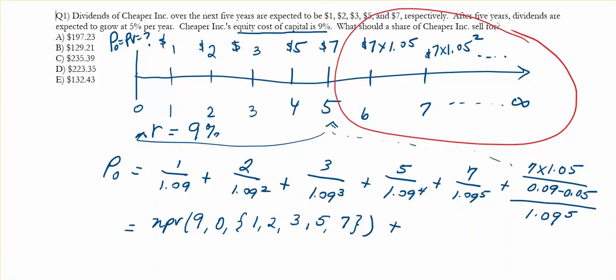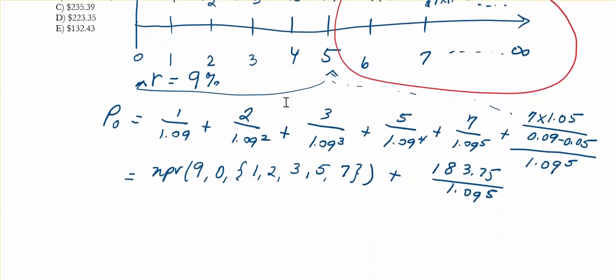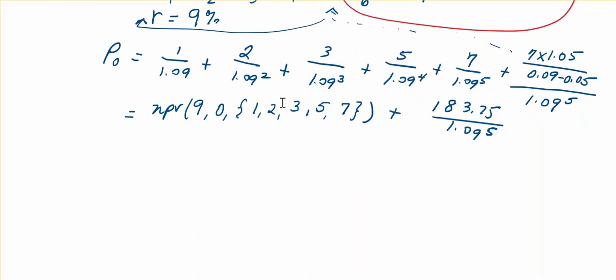So I have 7 times 1.05 divided by 0.04 is the terminal value. And I get 183.75 as the terminal value. But remember, that is the value as though we were to sell the stock or terminate our ownership of the stock in 5 years. So we have to discount that expected selling price by 5 years.